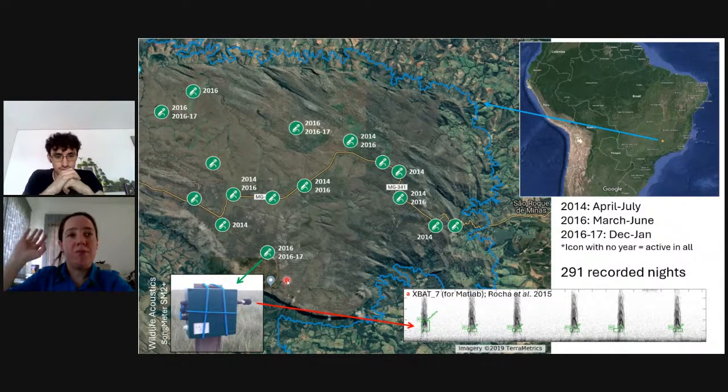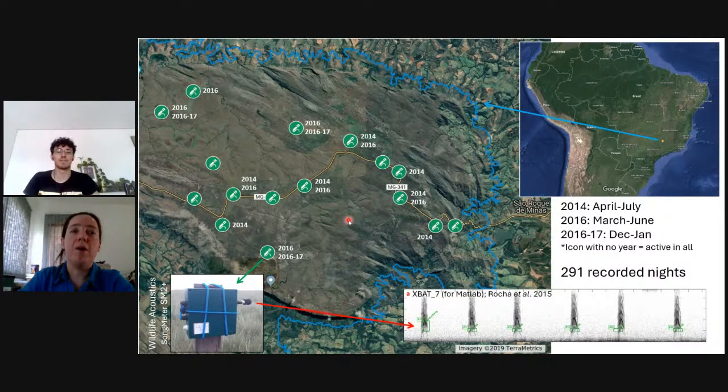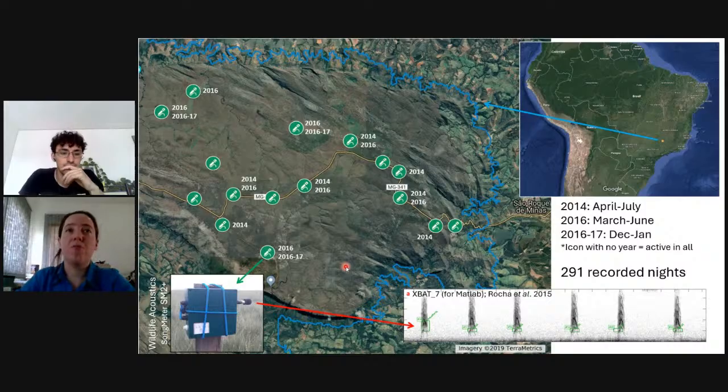And you leave it recording automatically in the wild. Of course, you have to change batteries from time to time, but it does most of the work for you. We left them active for something like 291 nights, almost 300 nights of recordings.